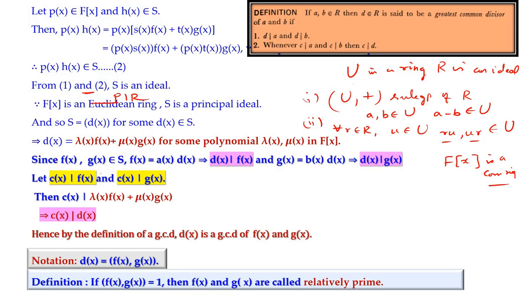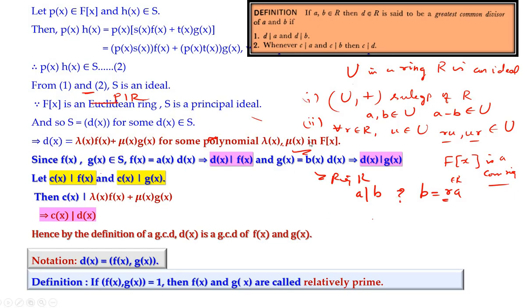Because we know the definition: whenever a, b are in a ring R, a divides b means b is written as r times a, where r is a member of R. This is the definition, so it holds both ways.